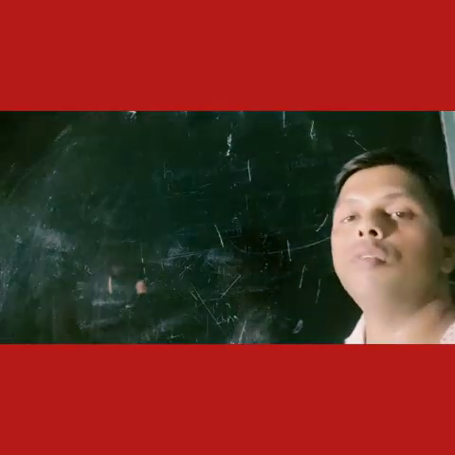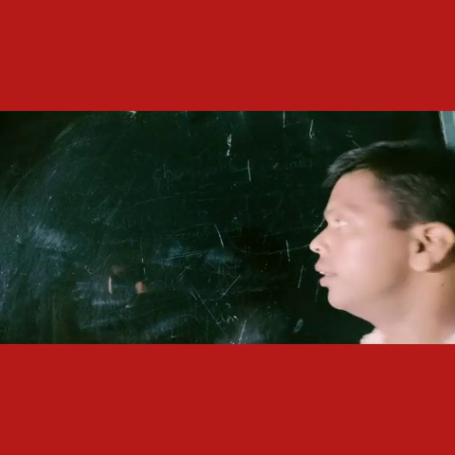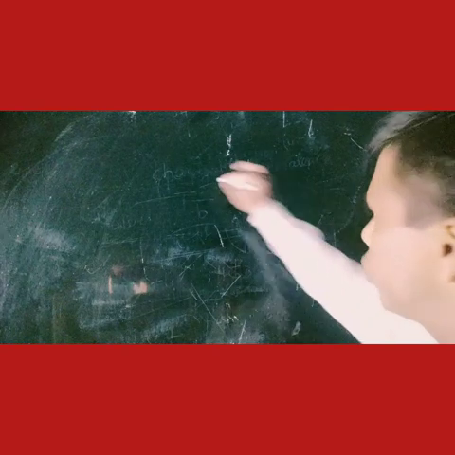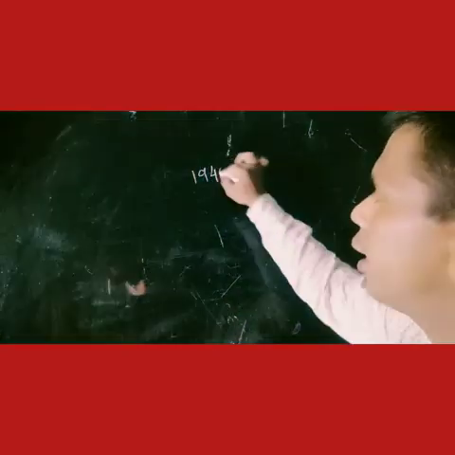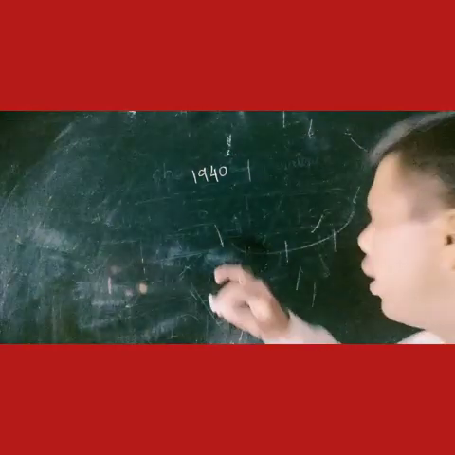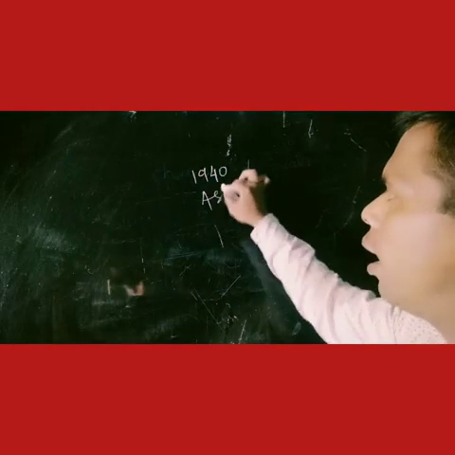Then we come to the 3-dimensional model of DNA or crystallographic structure of DNA. The crystallographic concept was first given in 1940 by Astbury.